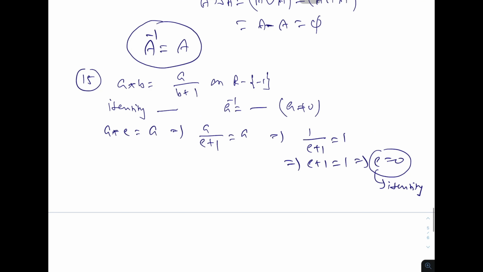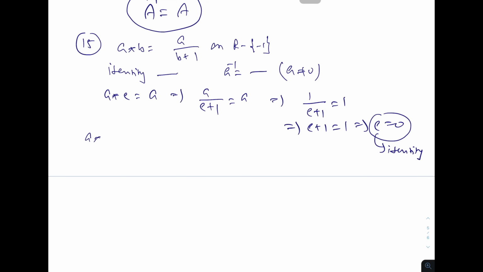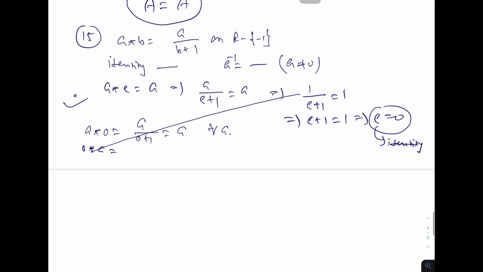Here if you put 0, A star 0, you can easily check A star 0 equals A over 0 plus 1, so equal to A, and this is true for any A. But 0 star A also, no, it is not possible, identity also here. See why? Because commutativity is not there. So take care. Even if you find E equal to 0 from one side, that's not the identity here, because there is no commutativity.